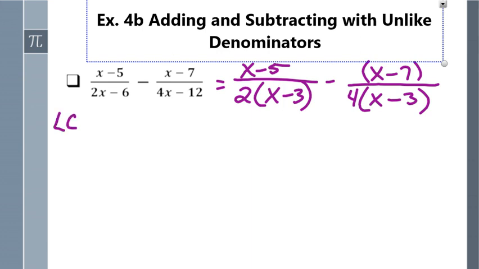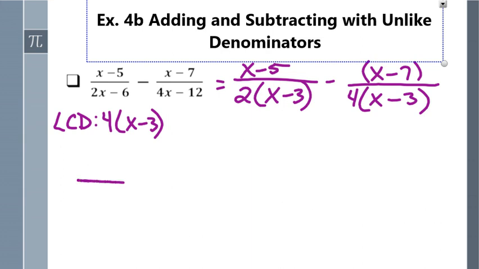So for our least common denominator, we know we have to have an x minus 3 in it. We have a 2 and a 4. The least common multiple of 2 and 4 is 4.